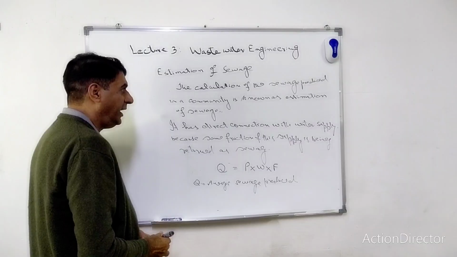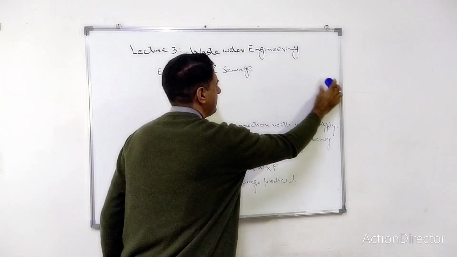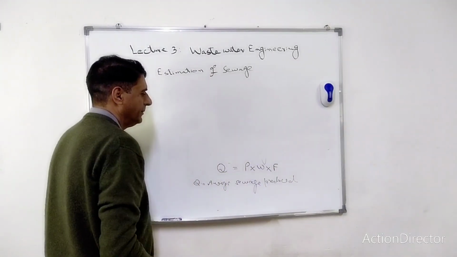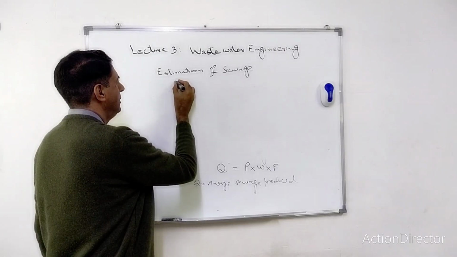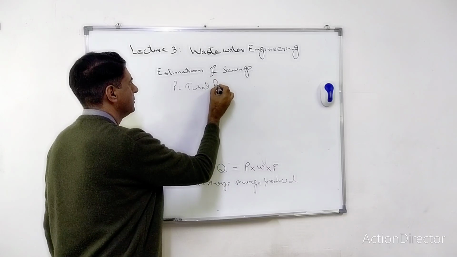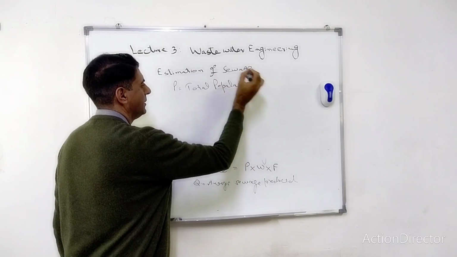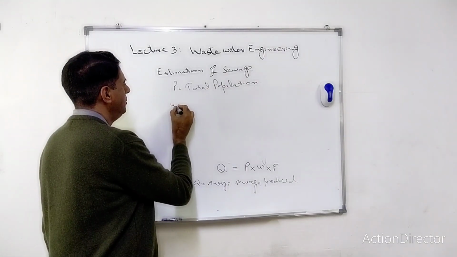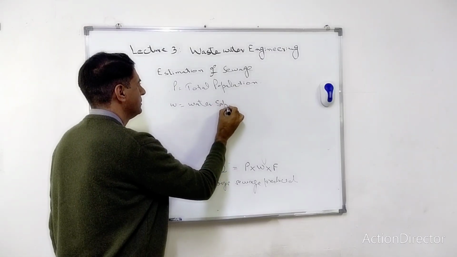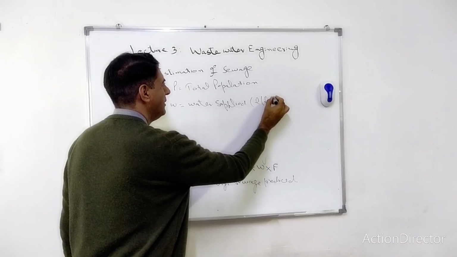One thing. And second, this P is the population, total population. W is water supply, in liters per head per day.